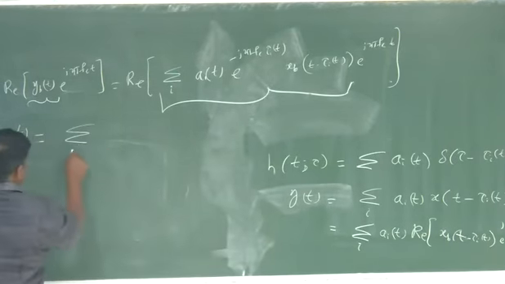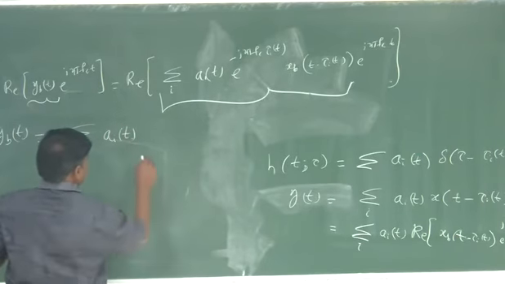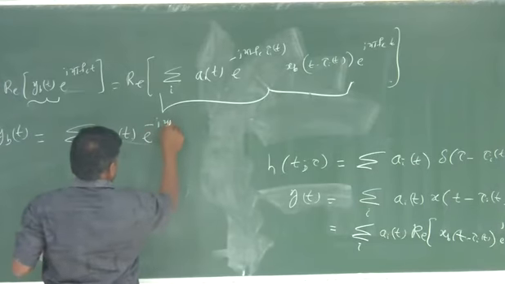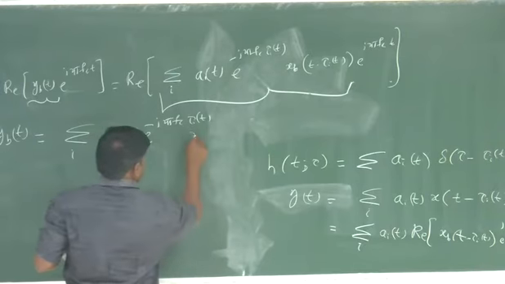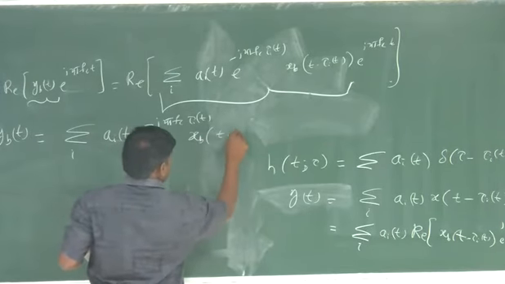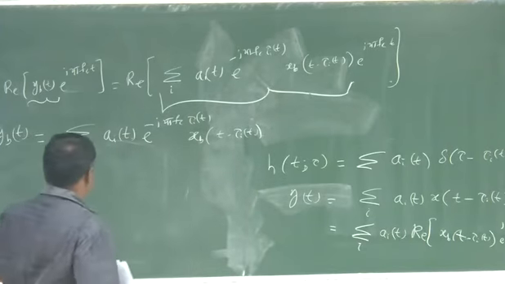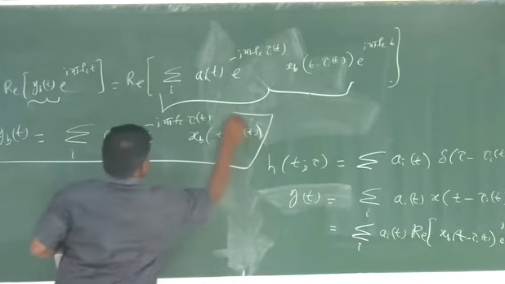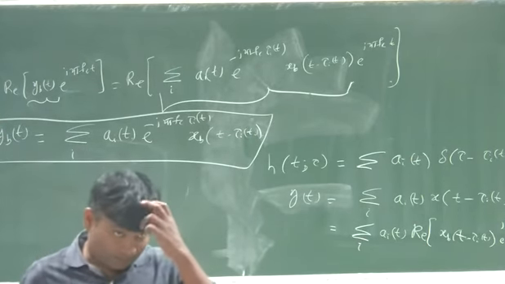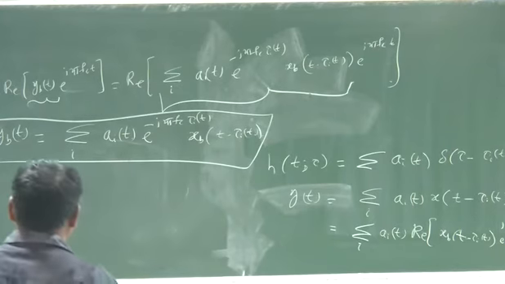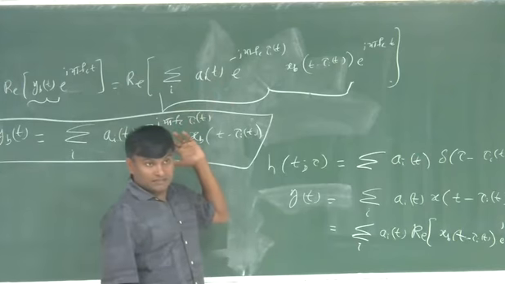That would be the summation over i of a_i of t e to the power of minus j 2 pi f_c tau_i of t multiplied with x_b of t minus tau_i of t. Agree with this? Not much here. We're just comparing term by term. We're just comparing this portion, and they should be equal.